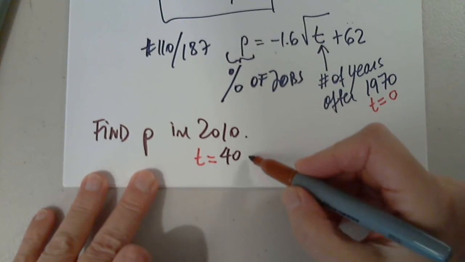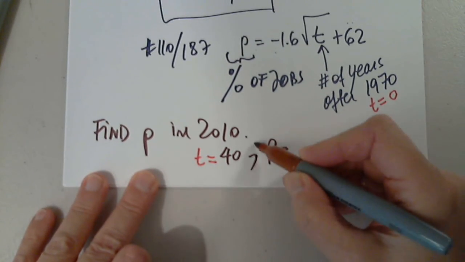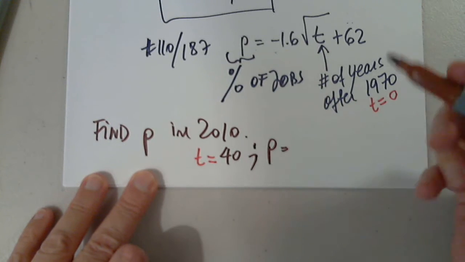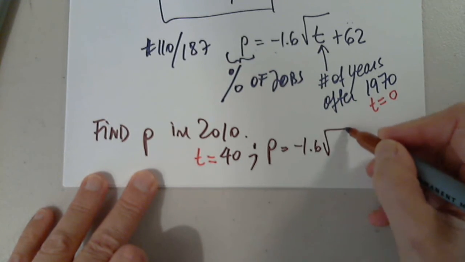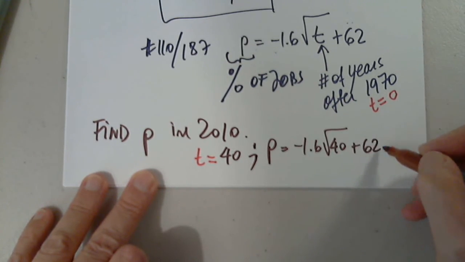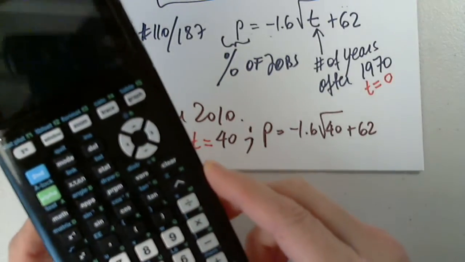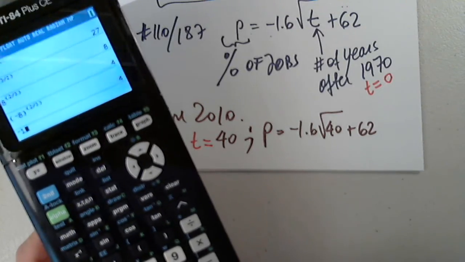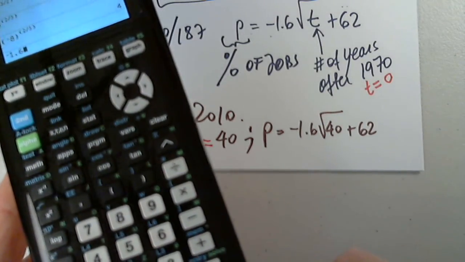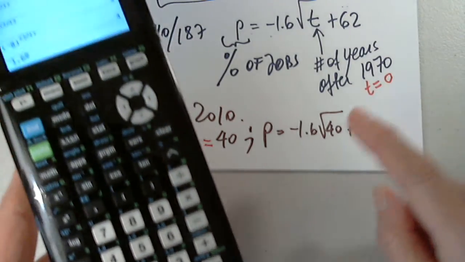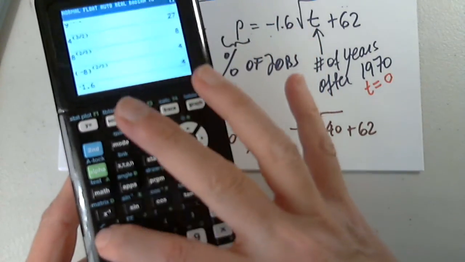All I have to do is find P when T is 40. Negative 1.6 times the square root of 40, plus 62. I grab my calculator. When we start with a negative, we have to start with this symbol, 1.6, then second and the square root.